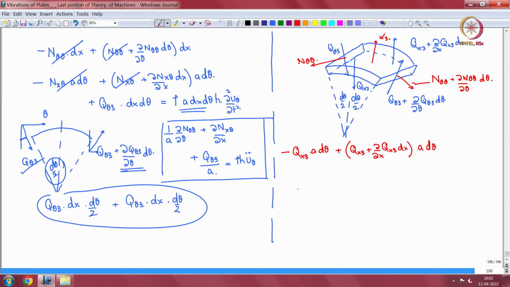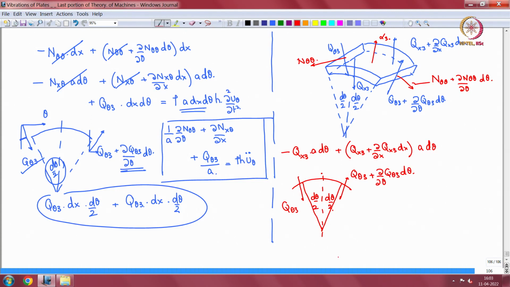How does q theta 3 move? If I place my coordinate axis there, then I have d theta by 2, d theta by 2, q theta 3, then q theta 3 plus del theta q theta 3 d theta.